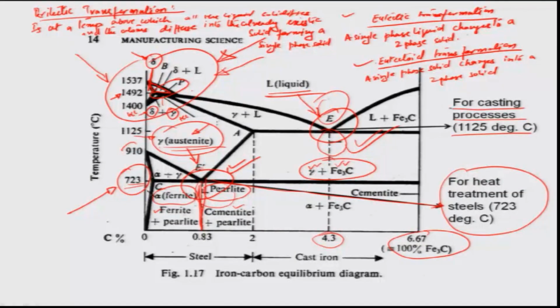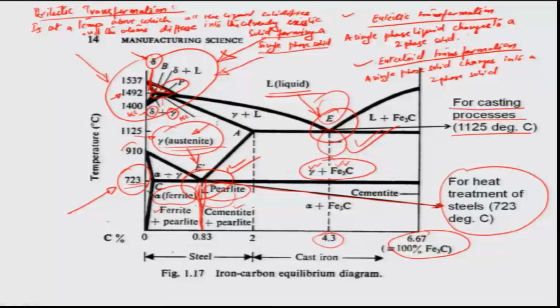So, whatever is happening to the gamma structure, it is sort of reorienting itself from the FCC structure towards the BCC. Okay. So, you are forming a single phase solid above this temperature, and below this temperature it is always a two phase solid. So, basically the structure is converted from a two phase solid to a single phase solid when we talk about the peritectic point.